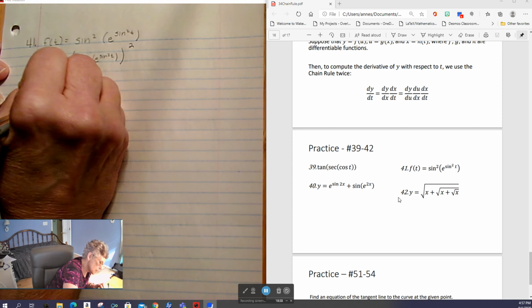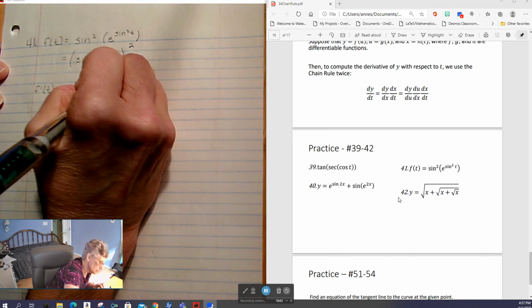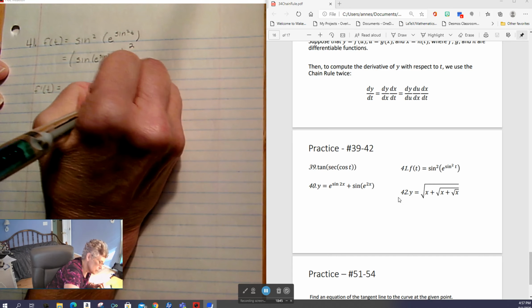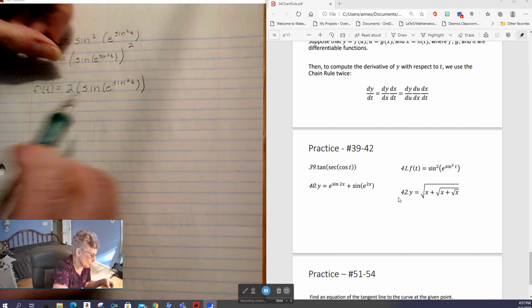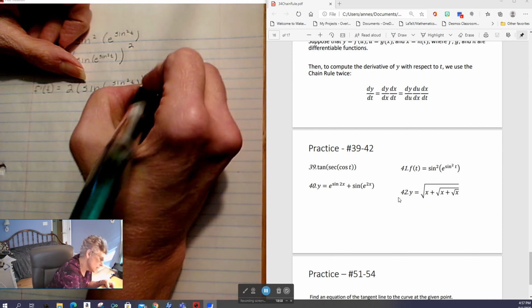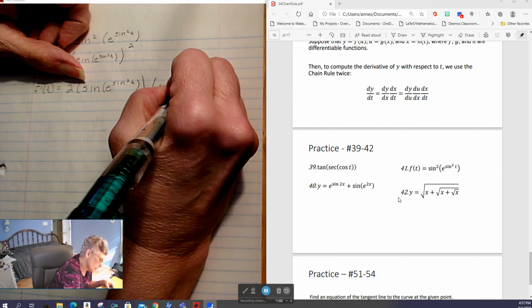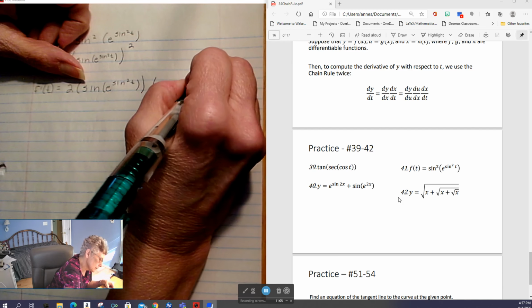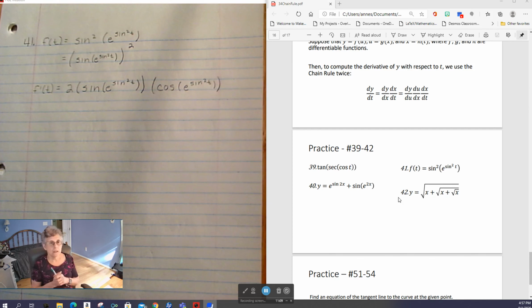So 2 falls down, subtract 1 from the exponent. The next thing we come to as we force our way inside this ugly function here is sine. The derivative of sine is cosine. Inside function stays the same.